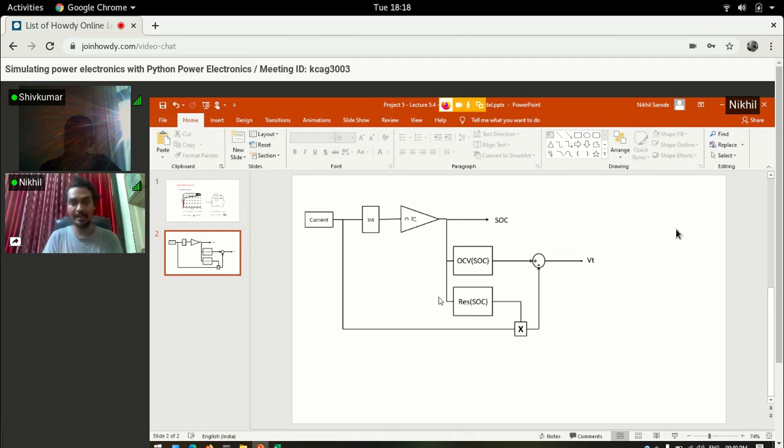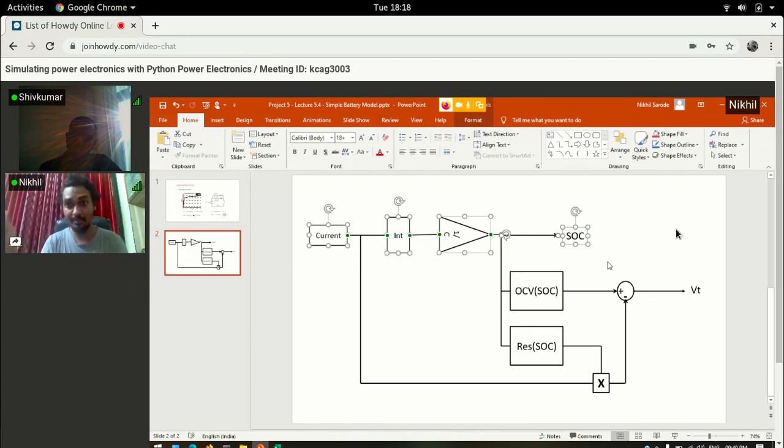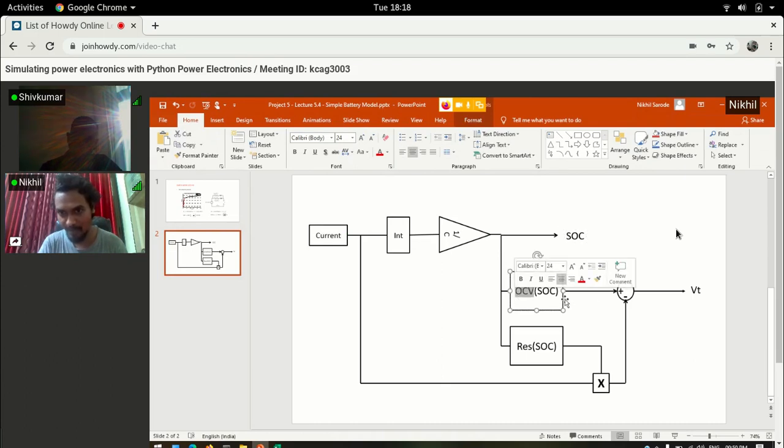That is accumulated in each cycle, and if we divide the accumulated charge by the total capacity, we get the SOC of the cell at that time instance. Then we compare this SOC with the lookup table, extract the open circuit voltage, and use that open circuit voltage for this calculation.